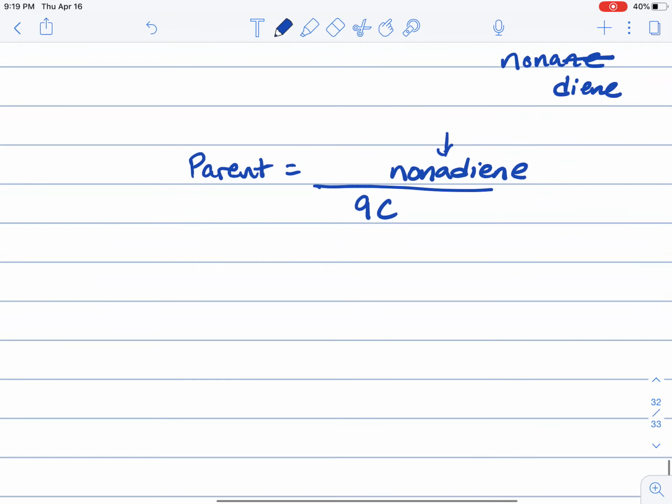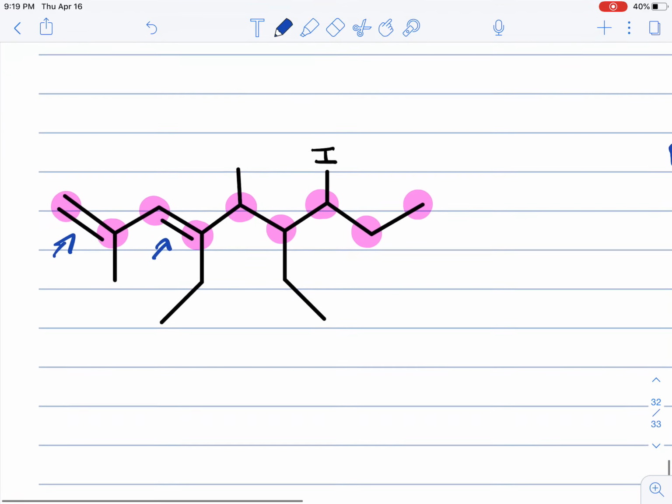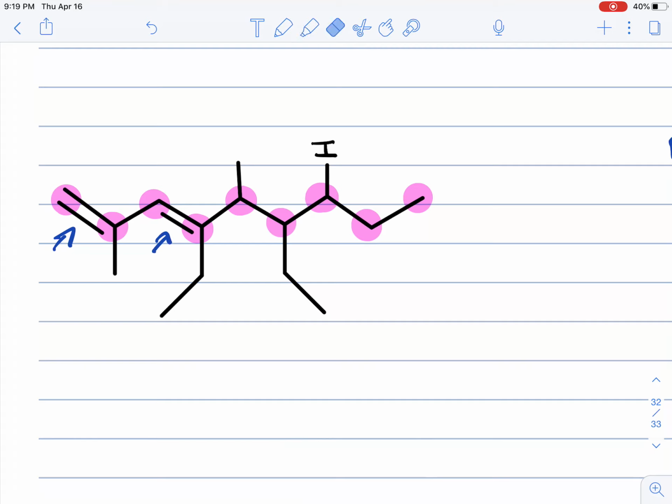And so since you have di in front of this ENE, that means I have 2 double bonds. So I need to ask myself where those 2 double bonds are in the carbon chain. And so we need to figure out our numbers. Okay.